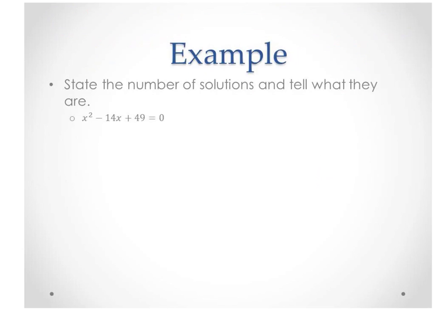So, state the number of solutions and tell what they are. How many solutions is this going to have? Well, I would say we're looking for at most 2 solutions. Remember, you can have repeaters. Looking at this, it does look like it's going to factor. If we factor this into, I think it's x minus 7, because that would be a positive 49 and negative 14, then x only equals 7, so we have one solution.